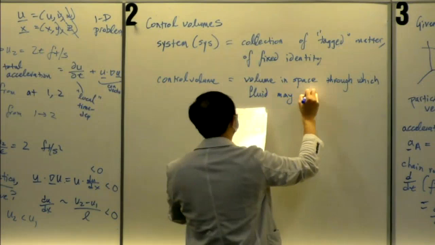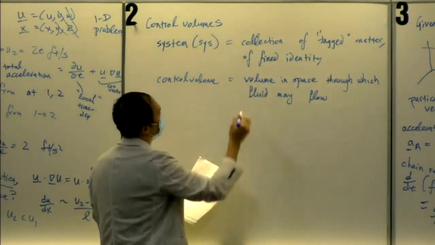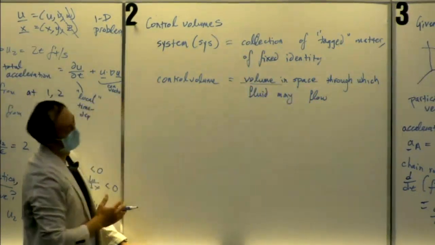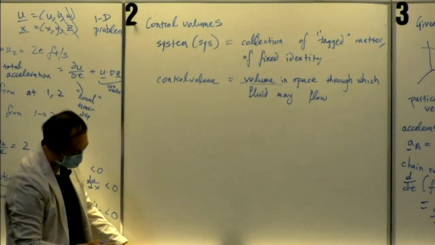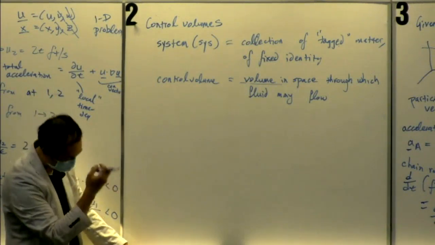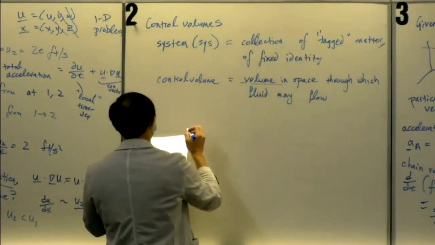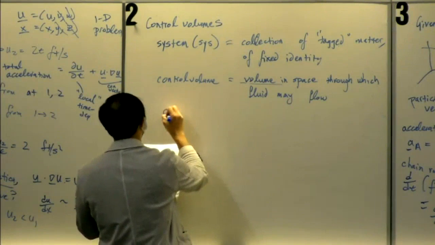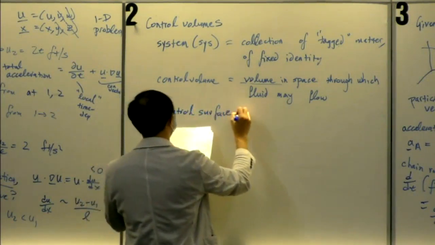And we necessarily want stuff to flow in and out. So it's a volume in space. So control volume, the keyword is volume. It's like you put little dotted lines and you keep those dotted lines fixed in space until we do what's called moving control volume problems. But don't worry about that at first. How much fluid may flow, and then control surfaces. And control surface, as it sounds, is the surface of the control volume.